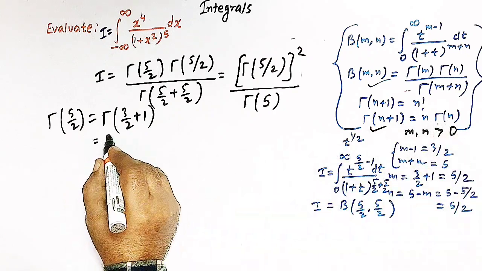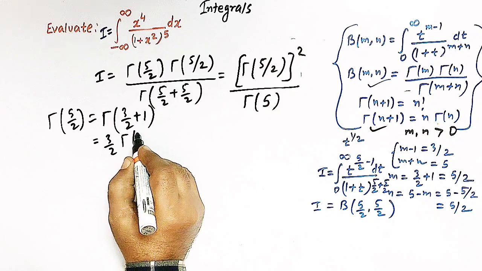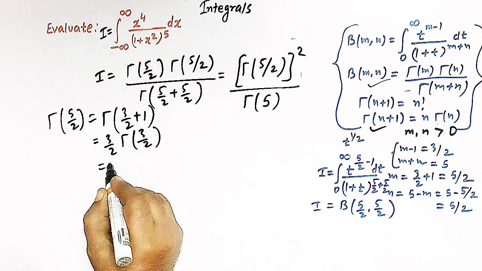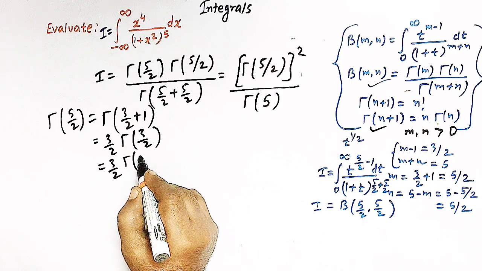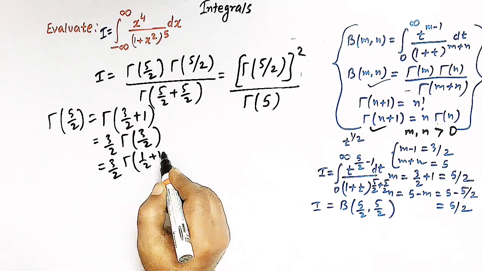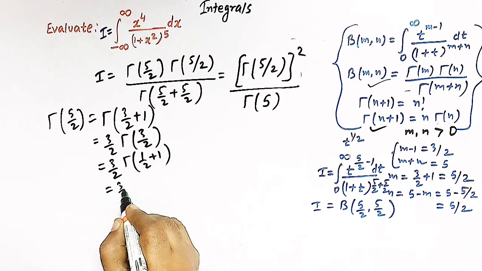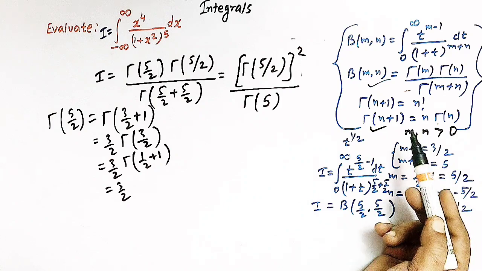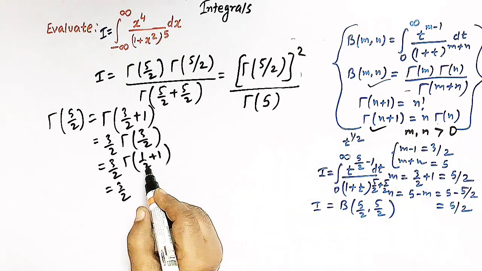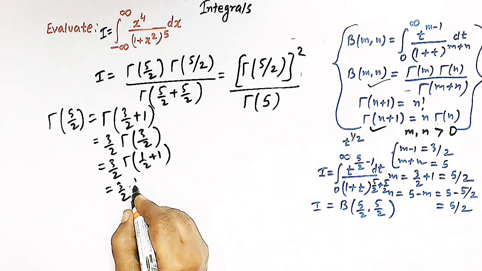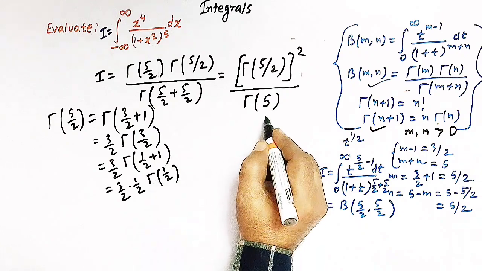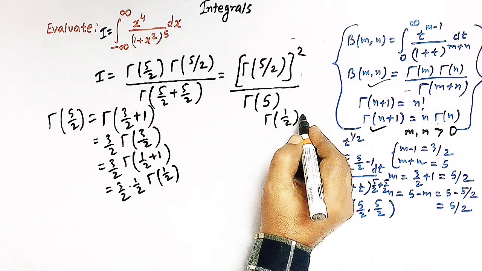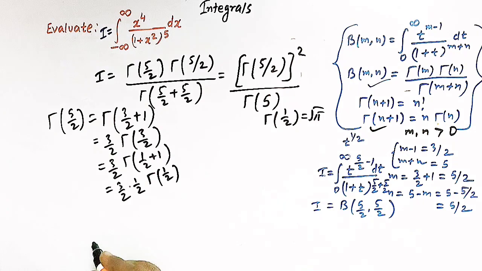So we have 3 by 2 gamma 3 by 2, and again splitting 3 by 2 as half plus 1, so we have 3 by 2, and again using this result over here, we have half gamma half, and gamma half is equal to square root of pi, right?